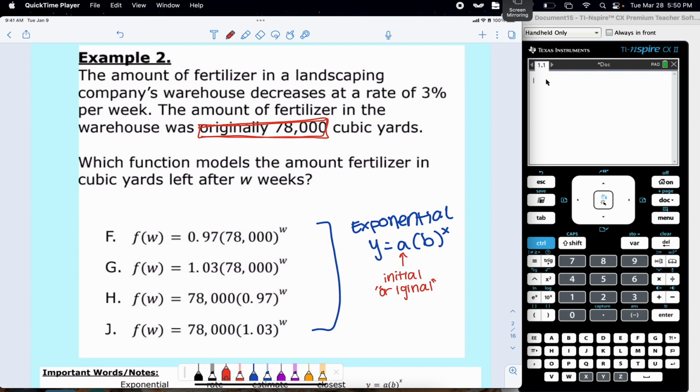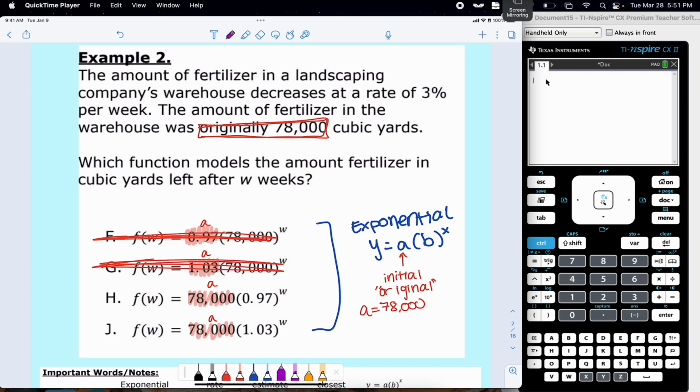So we know that needs to be a, in front of our parentheses. So this is where the a value is. Our a is 78,000, which means we can automatically eliminate F and G because they are not correct.